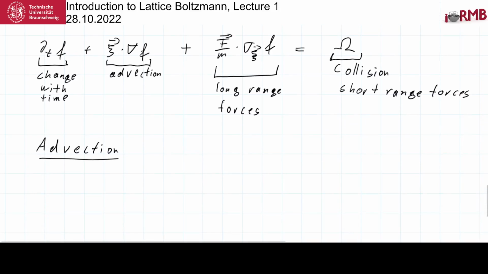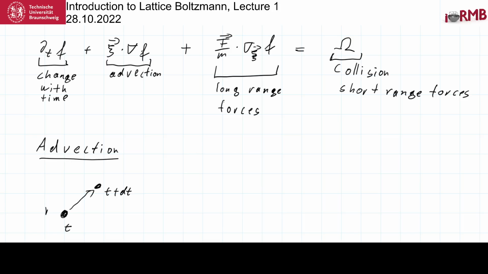There's something very interesting with this advection term. First of all, let's look at it. We have a particle, and at time t it is here, and at time t plus dt it is there. So it has moved in this direction.